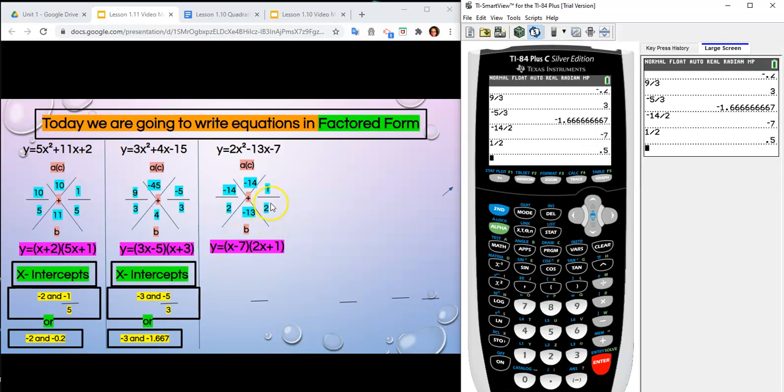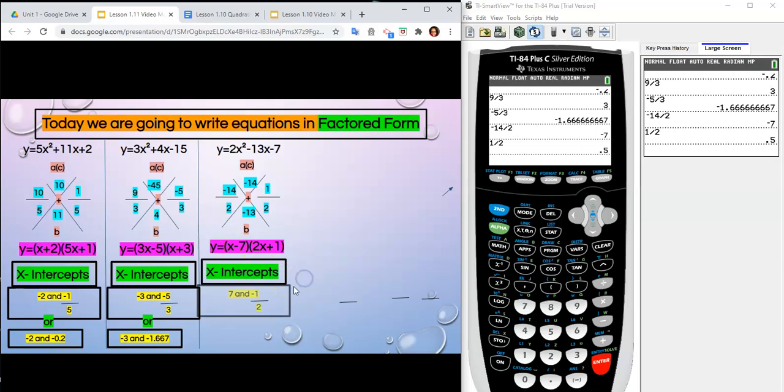And in this case, again, the bottom number is going to be in front of your variable, which is x, and the top number is going to be tagging along at the end. So since this is +1, this will be +1. Reading my x-intercepts, I can clearly see that one of my x-intercepts crosses at +7 because this is -7.